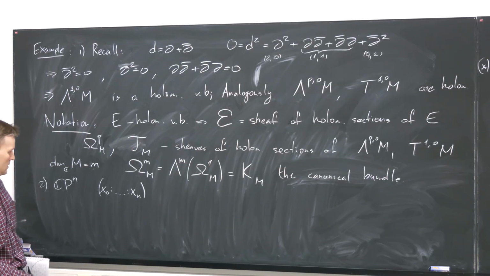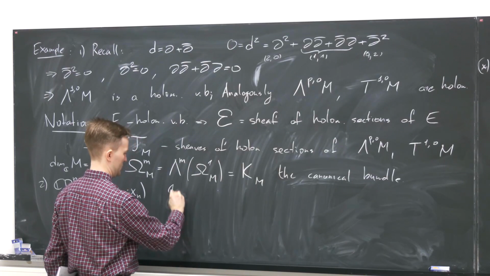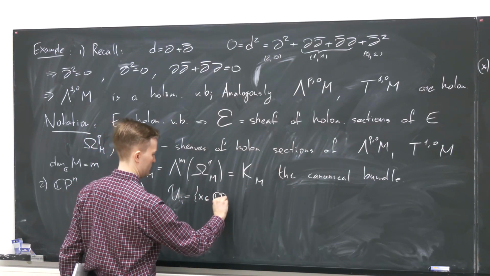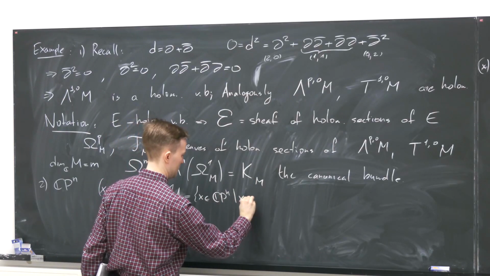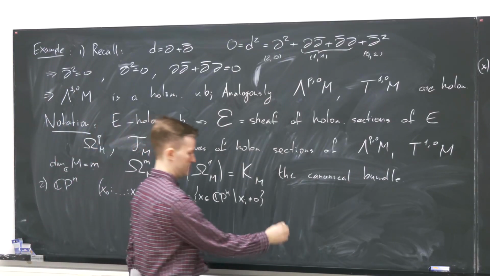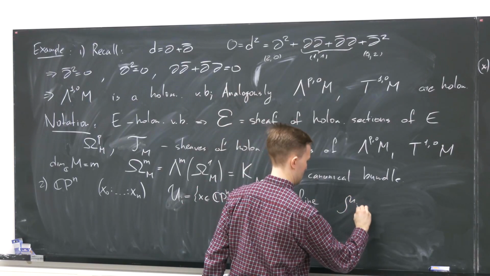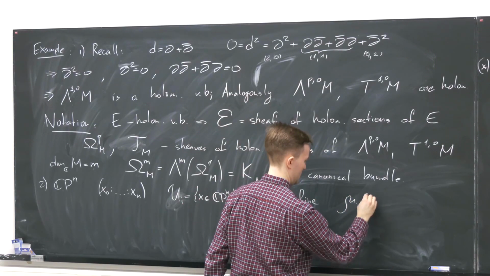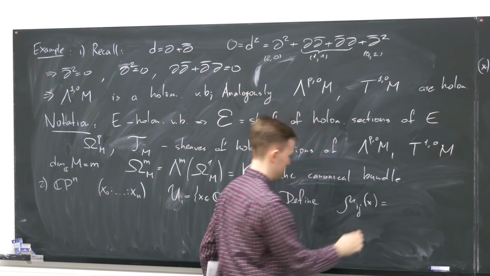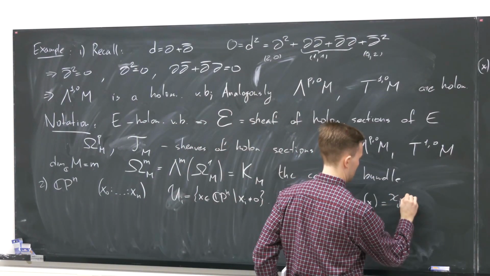And let's define a cocycle. So we have this covering, U_i is the open set of all points such that x_i is not 0. And let's define the cocycle mu_ij of x equal to x_j divided by x_i.